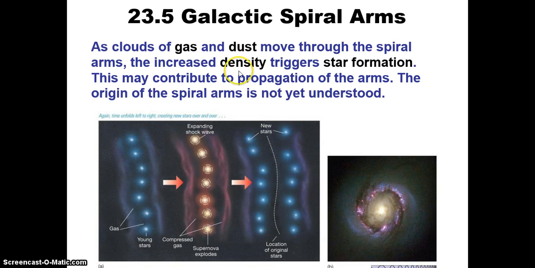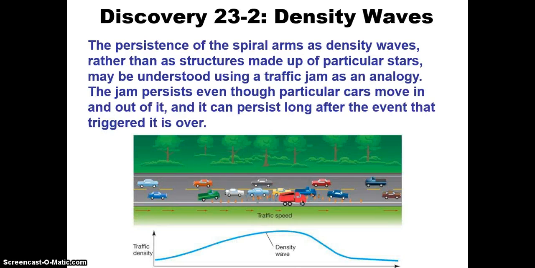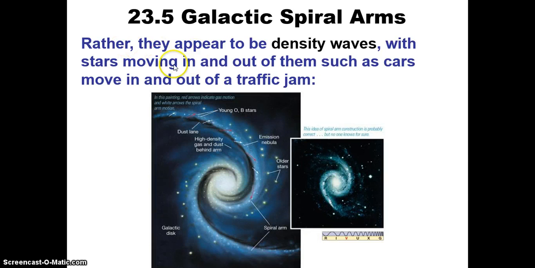All right, so let's take a look at this. There's a second idea as well. The problem with this spiral density model is that we don't understand how the center of the galaxy, the central bulge, can generate a spiral density wave.